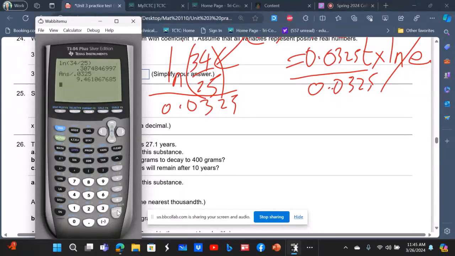So my answer is 9 point. Let me see how many decimal places they want me to keep my answer.